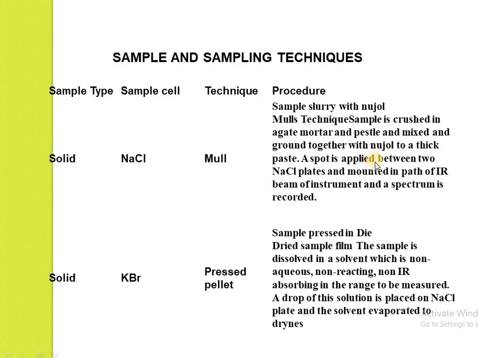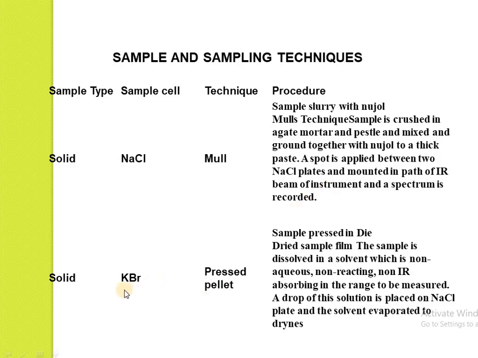A spot is applied between two NaCl plates and mounted in the path of the IR beam of the instrument, and a spectrum is recorded. There are different techniques for how the paste is prepared so that an IR spectrum can be recorded.